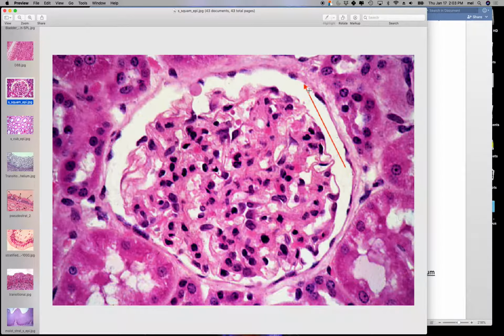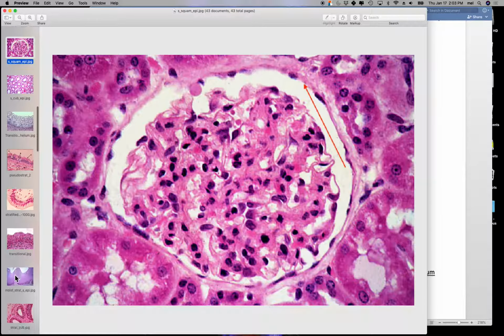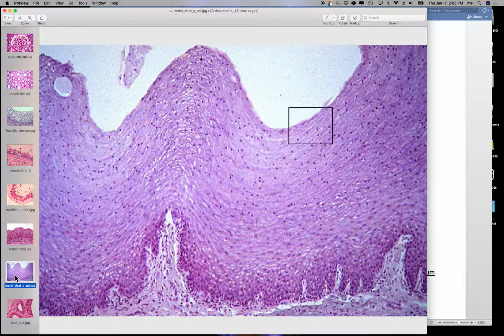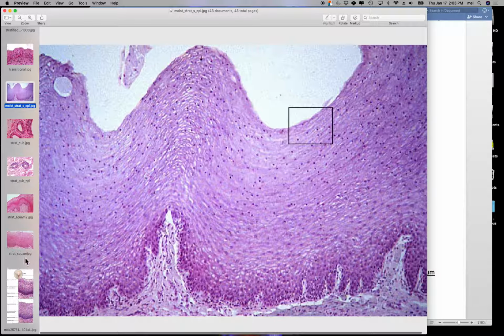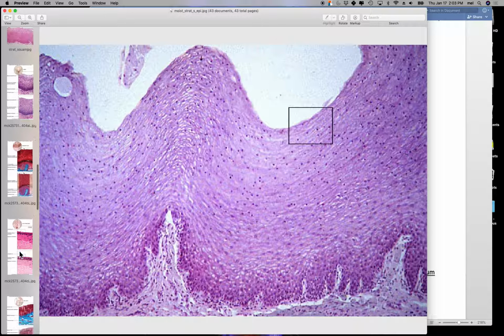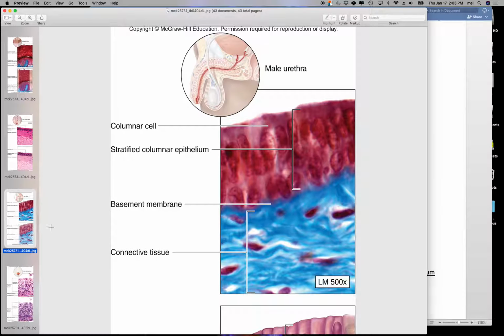Simple squamous epithelium, lining blood vessels, right? How about a specific body location for this tissue? Yeah, the lining of the mouth. That's great. How about a specific body location for this tissue? Lining the male urethra, right?